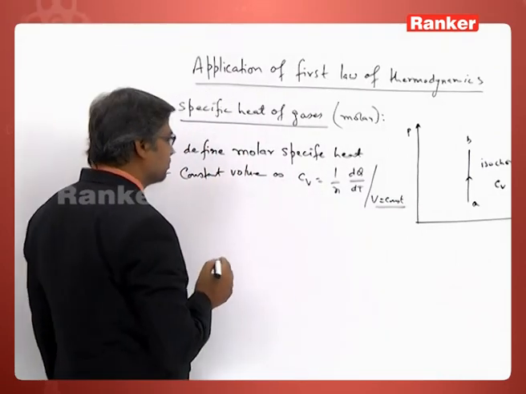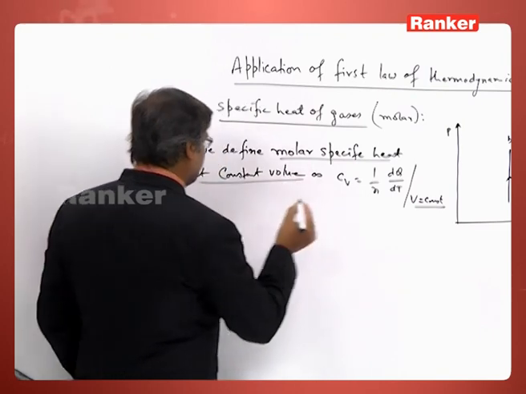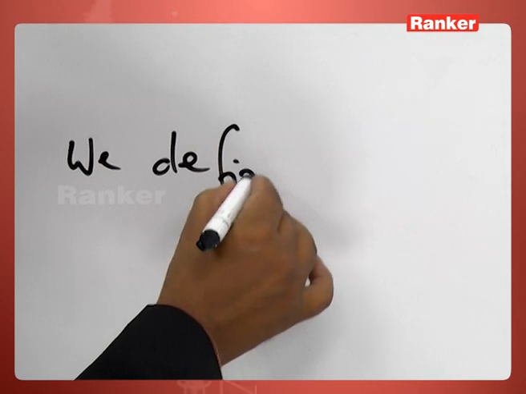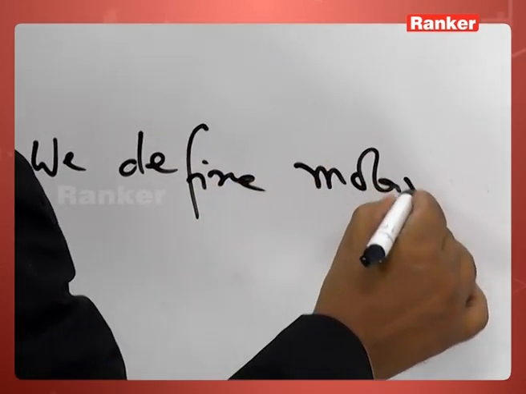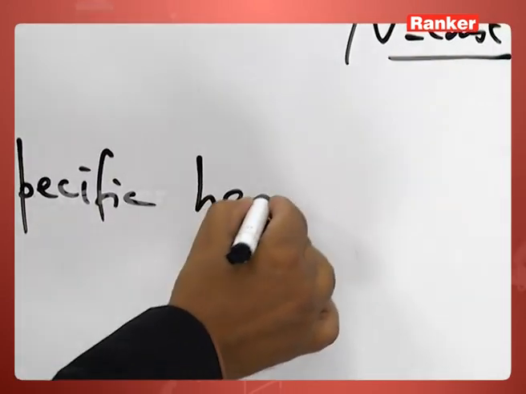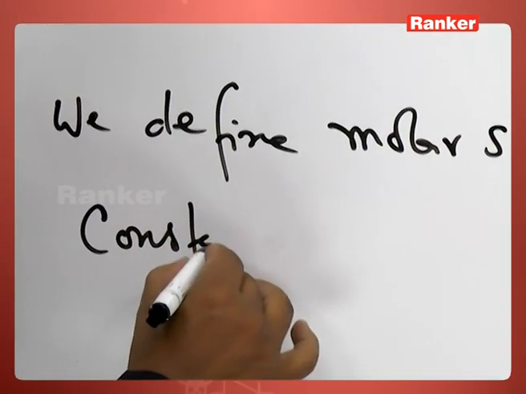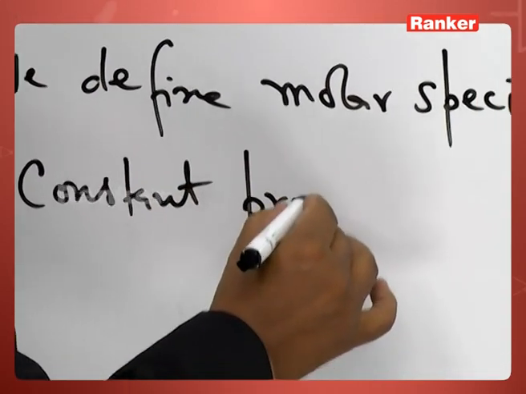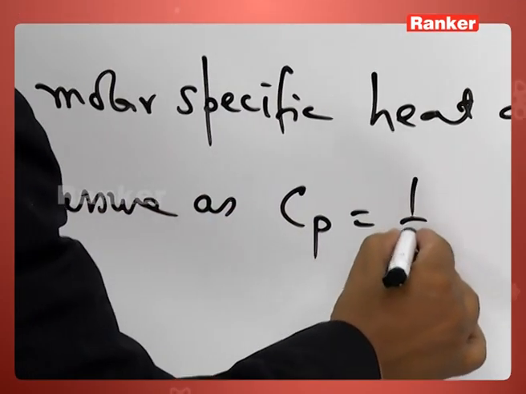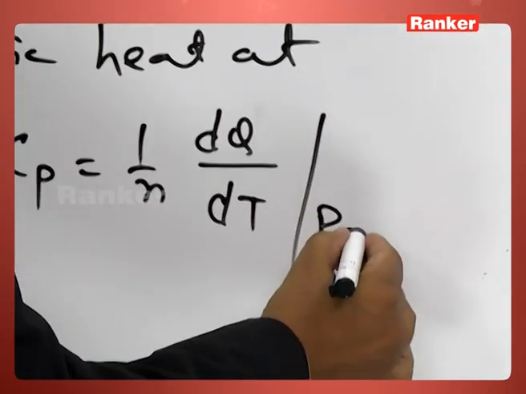So this is the molar specific heat at constant volume, Cv. Also, we define molar specific heat at constant pressure as Cp is equal to 1 by n dQ by dT at constant pressure.